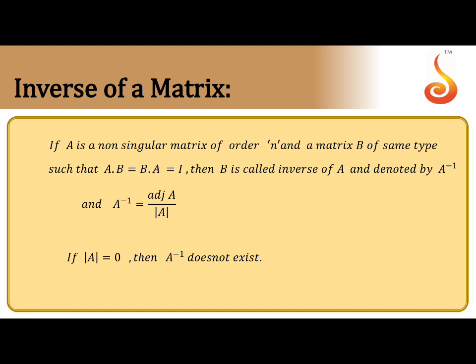Now, the inverse of a matrix. If A is a non-singular matrix of order n, where non-singular means det A not equal to 0, and a matrix B of the same order as A, so both are square matrices of the same order, and AB equal to BA equal to I, then B is called the inverse of A and is denoted by A inverse.